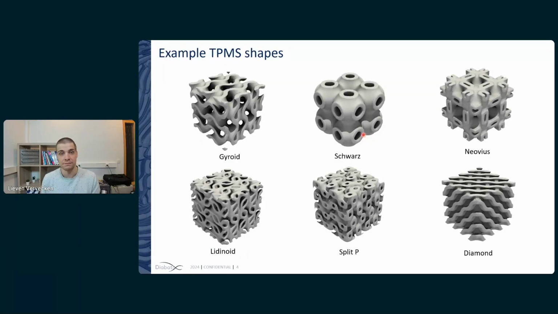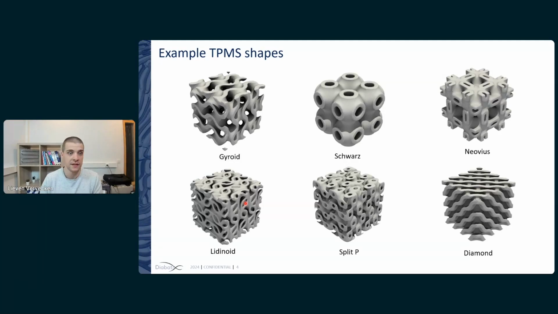And here are some of the common examples that you can find with TPMS structures. I'm sure if you look online on LinkedIn, for example, the top left one, the gyroids, you'll for sure have seen them before. It is the most common one, or the most marketing relatable shape. But you also have Schwarz elements, Neovius elements, diamonds, split P, and lidinoids. And these structures find their use because they have a very low thermal resistance. It can be as low or even lower compared to pins.